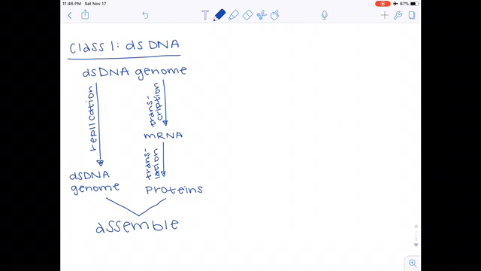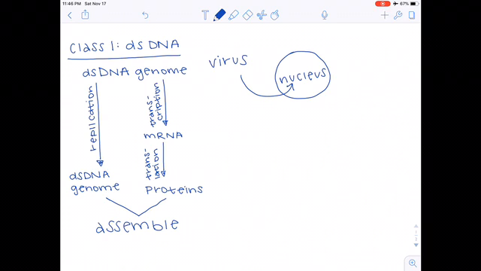All right, so we're going to go back and talk about each step in this process. So viruses with double-stranded DNA genomes follow the same replication process as in humans. So you have your virus, and it is going to go up to a cell nucleus and go in here for replication.